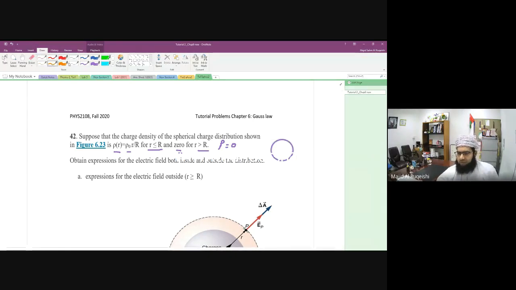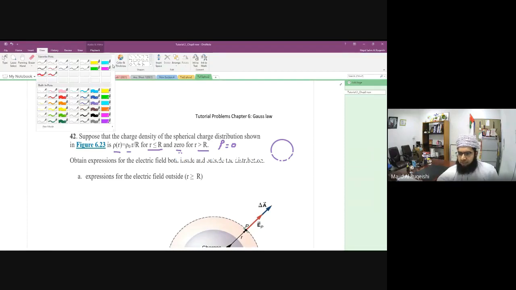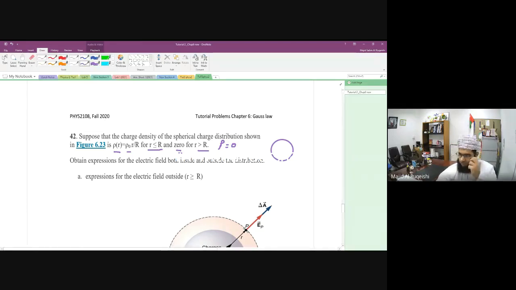Let's use purple color, but I want to reduce the size of that one. Now we know we start from zero here. As we are going outside, we are moving with volumes.